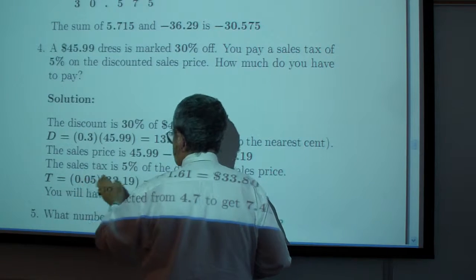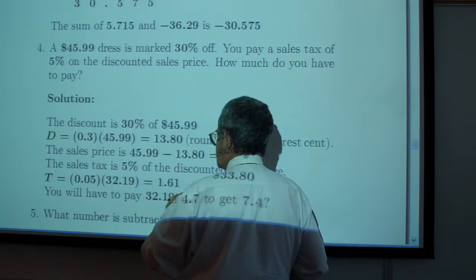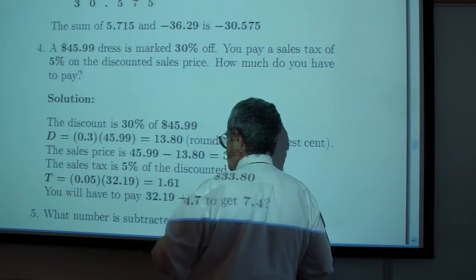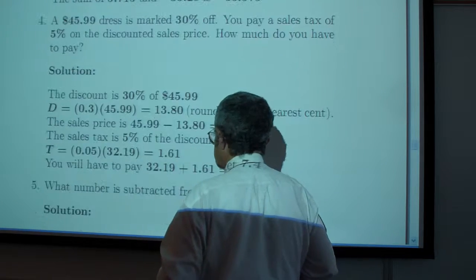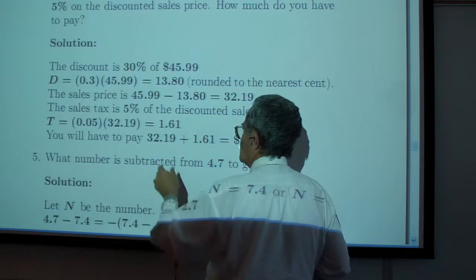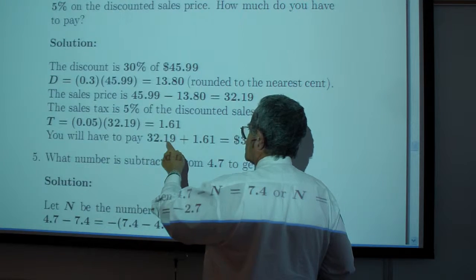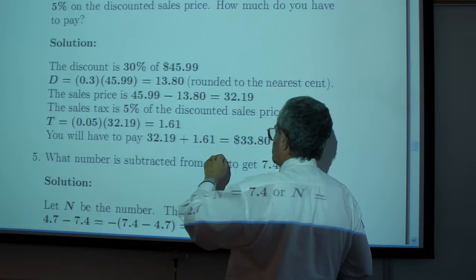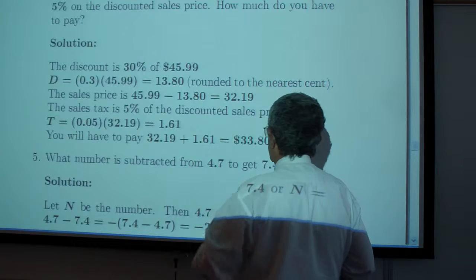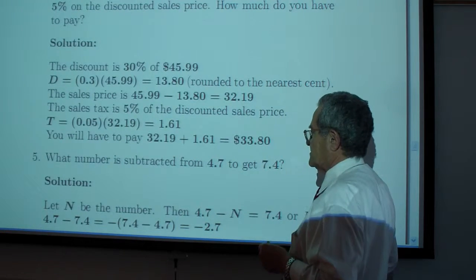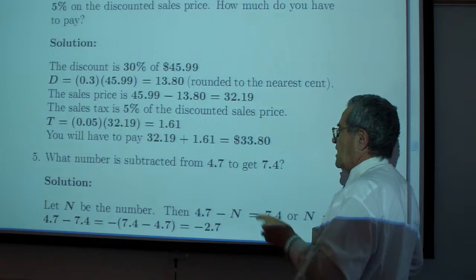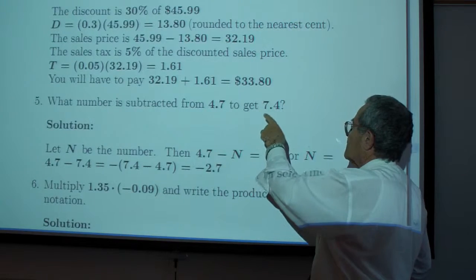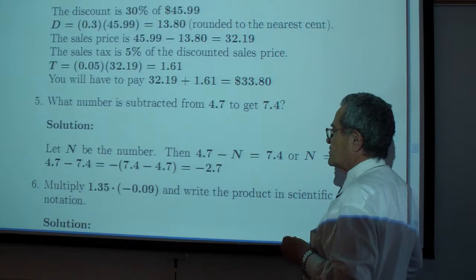Tax is percent of cost, so of multiplication comes out to $1.61. So out of the store, you have to pay $32.19 plus $1.61 in tax, or $33.80.